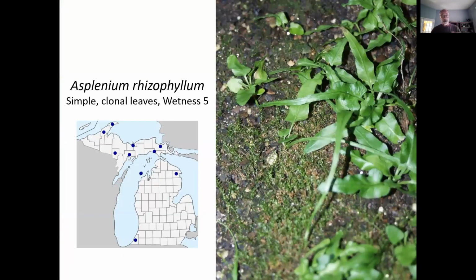A close relative that you'll find on rocks and sometimes on tree trunks is Asplenium rhizophyllum. What's notable about this is not only does it have a simple leaf, but the leaf is capable of cloning. Almost like the stolon of a strawberry, the tip of the leaf can gain purchase on the substrate.